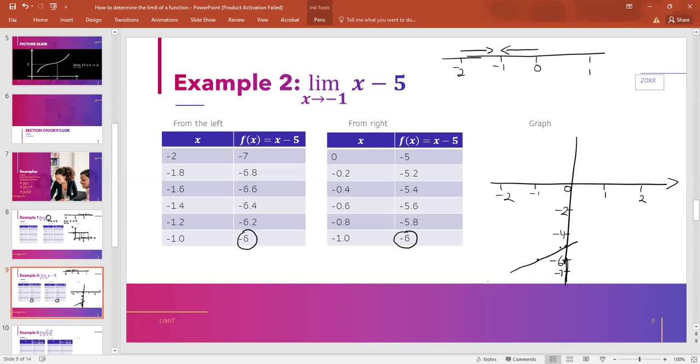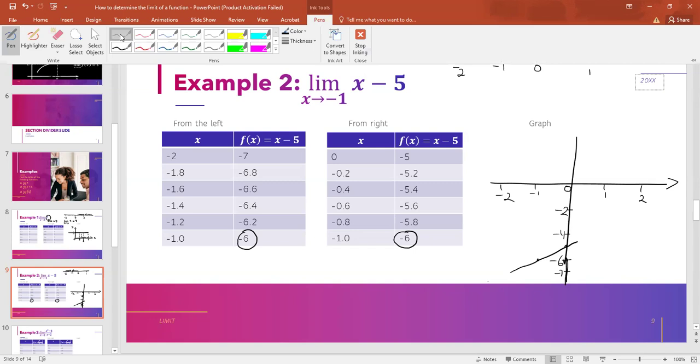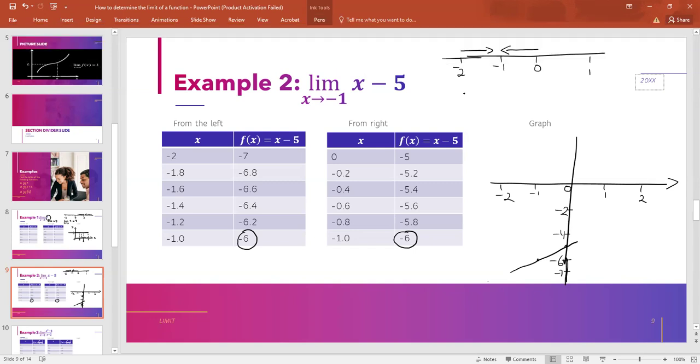So alternatively, if you're asked to determine the limit of a linear function, and you don't want to go ahead and sketch the graph or have a table of values, the easiest way to evaluate this is to do the following. You write the limit as x goes to minus 1 of x minus 5. Wherever you see x, you replace by minus 1.